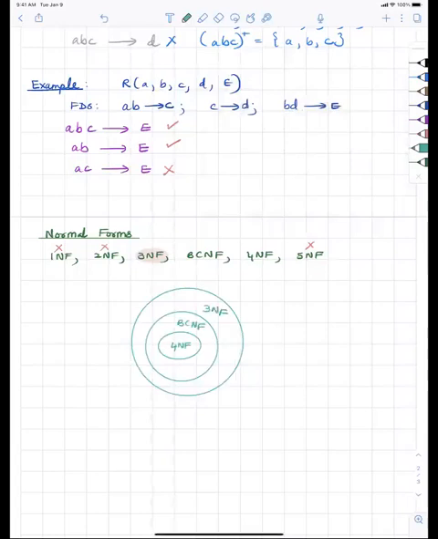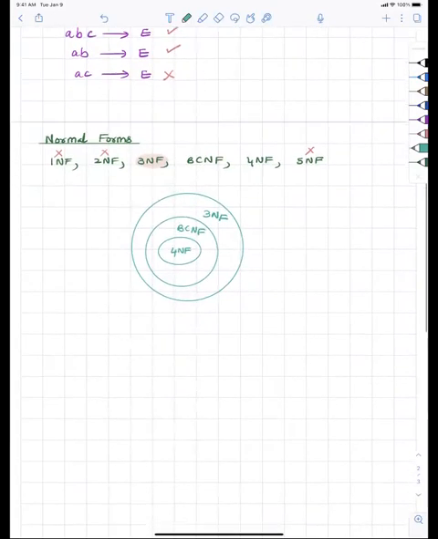If something is in fourth normal form, it is also in Boyce-Codd normal form and third normal form. If something is in Boyce-Codd normal form, then it's also in third normal form. So as you climb up, if you have something in fourth normal form, you know that all the other normal forms follow. Each normal form is stronger than the previous one.